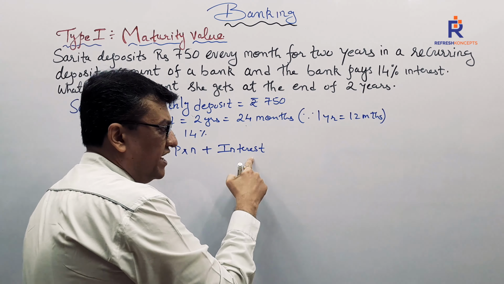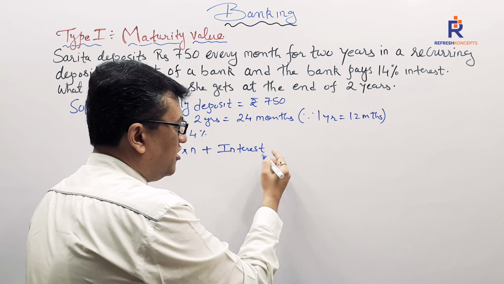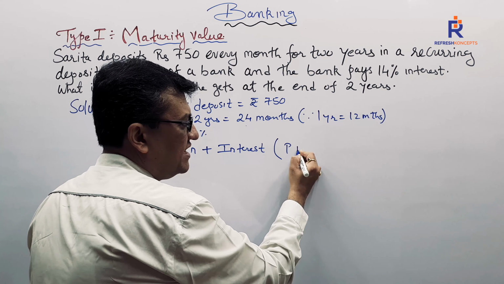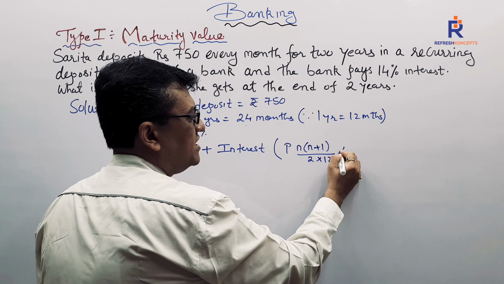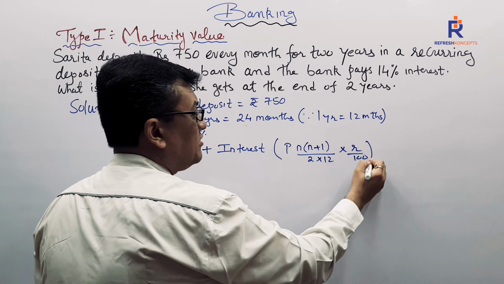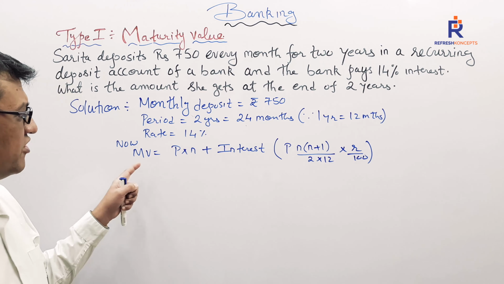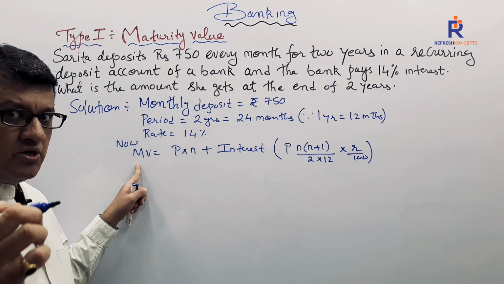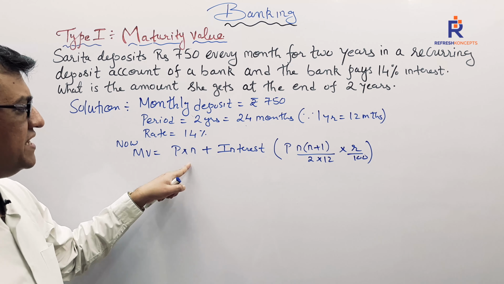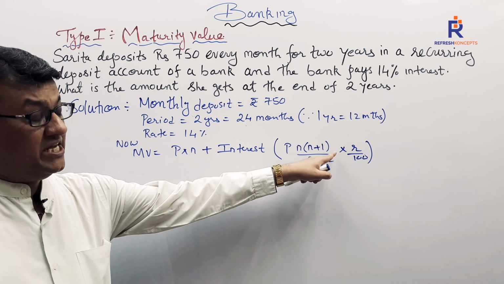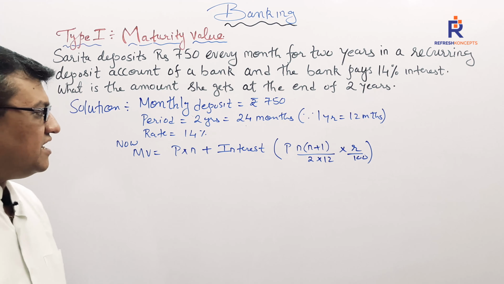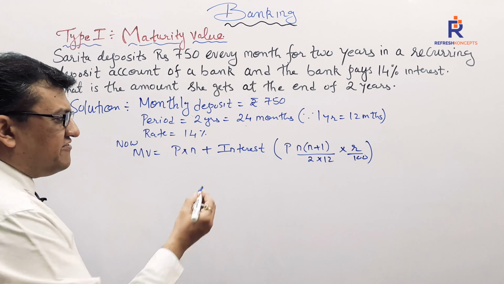We are all now aware the formula for interest is P n(n plus 1) by 2 into 12 into R by 100. So I could have written the formula for maturity value as Pn plus P n(n plus 1) by 2 into 12 into R by 100.